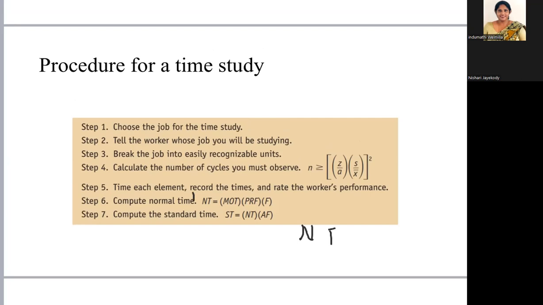NT is normal time, and we need to multiply the mean observed time by the performance rating factor. I put here PR for the performance rating factor, and again you need to multiply it by the frequency.